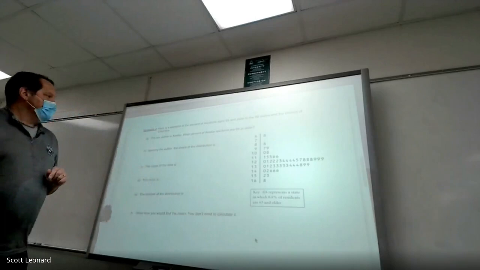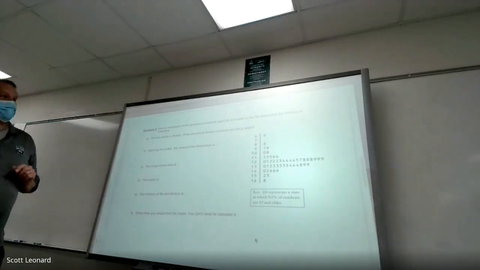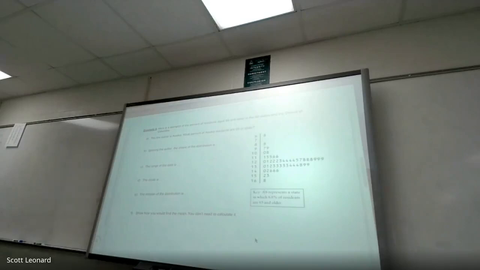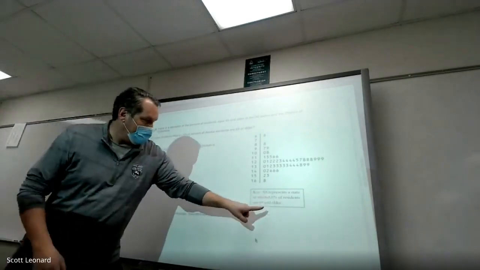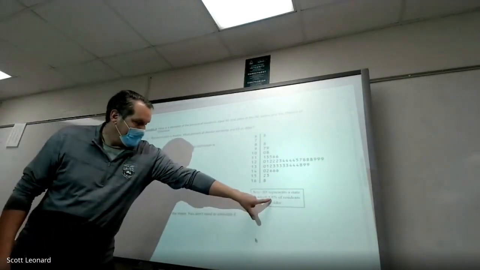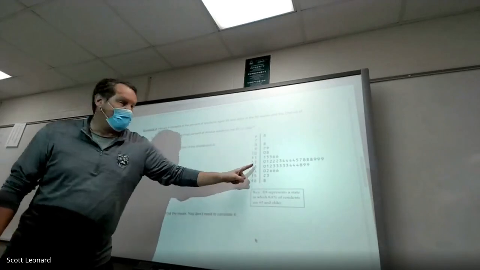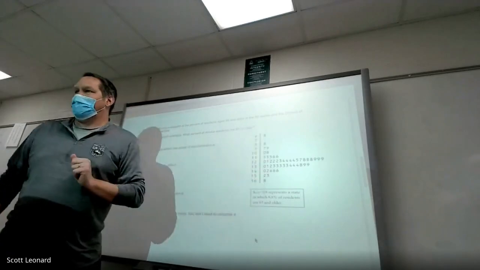All right. They said the low outlier is Alaska. What percentage of Alaska residents are 65 or older? 6.8%. Yes. Okay. Now, here's a key down here. This time they're saying that this number is the 1 spot, not the 10 spot, and these are decimals.